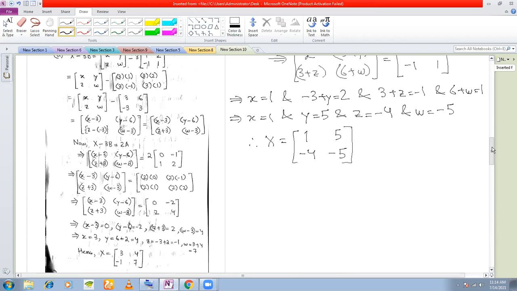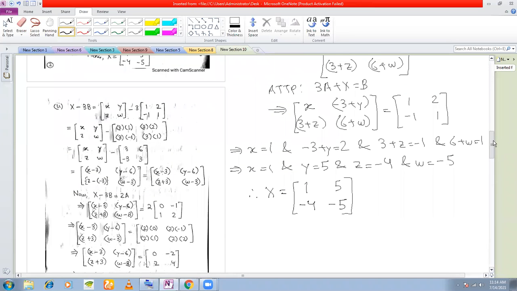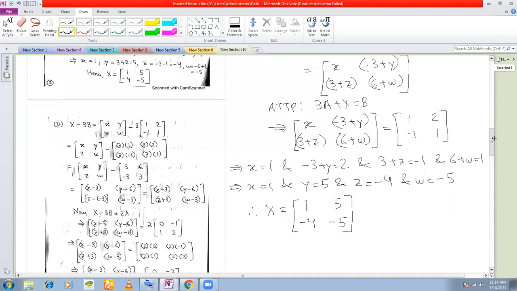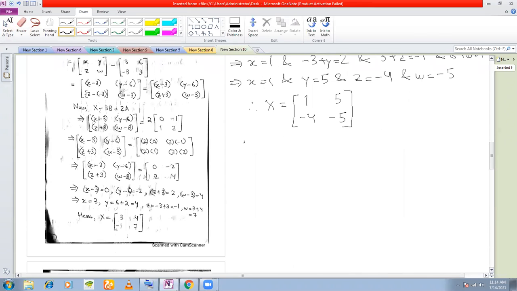Next part of the question is, find a matrix X such that X minus 3B is equal to 2A. This time they have changed the equation. So in the second part of the question, again, let's say X is equal to X, Y, Z, W, and the question here is to find X such that X minus 3B is equal to 2A.